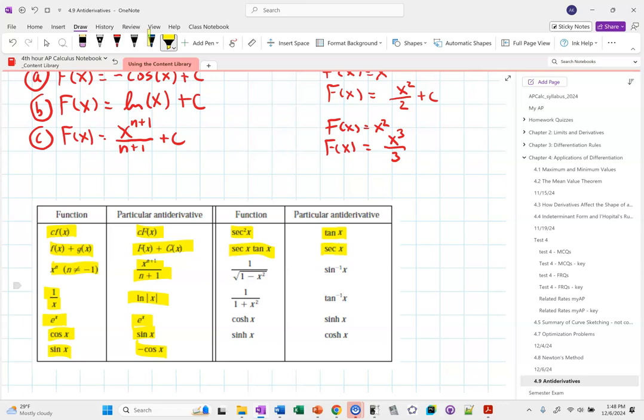What are you noticing here? This is like the derivative going this direction, and the antiderivative is just the reverse, right? So guess what? If you know the derivative shortcuts, do you know the antiderivative shortcuts? Yeah, you do. You just go in the opposite direction.